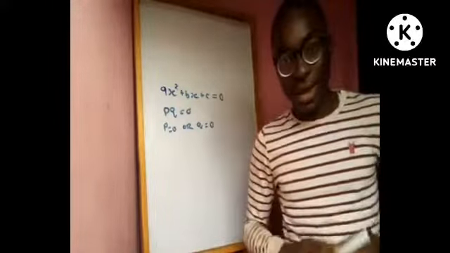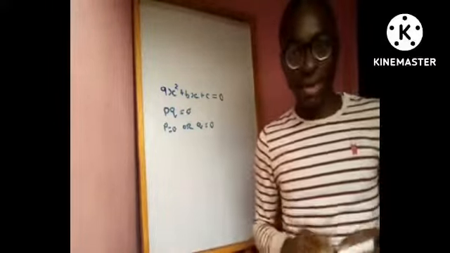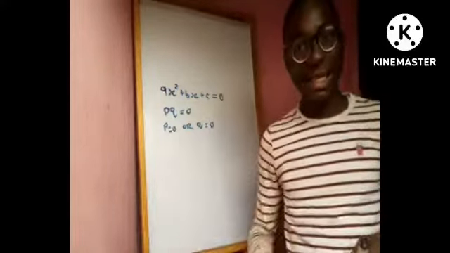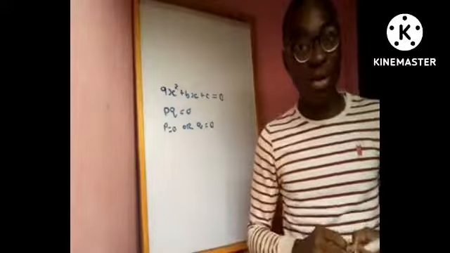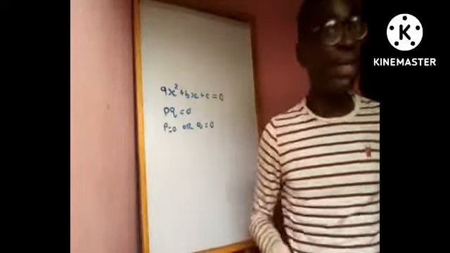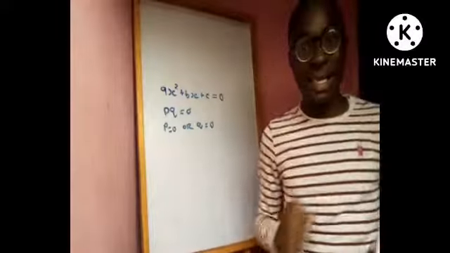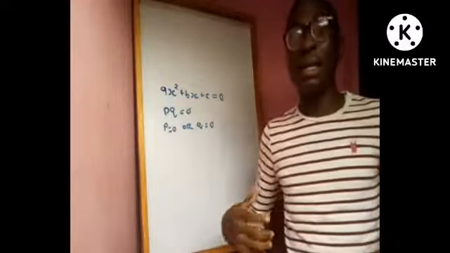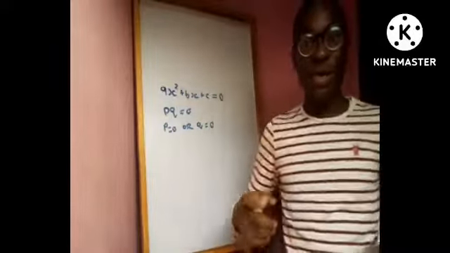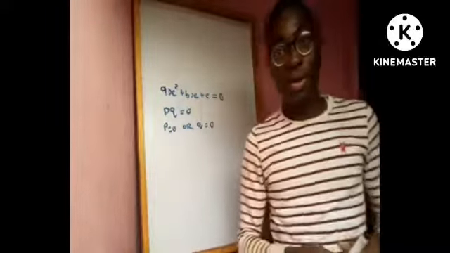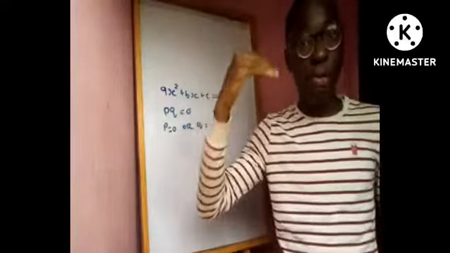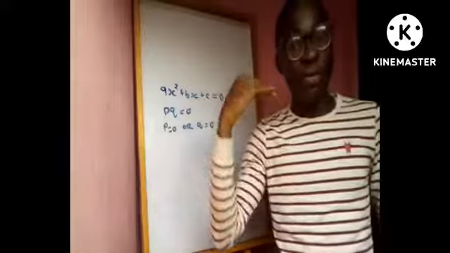Before you watch this SS3 course, please make sure you have watched the SS2 course, because the SS3 is basically a buttress and a revision of the SS2 course. And if you have not watched the SS1 course, you can also watch it too, because mathematics is like a ladder of knowledge.